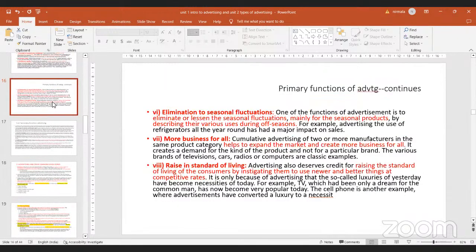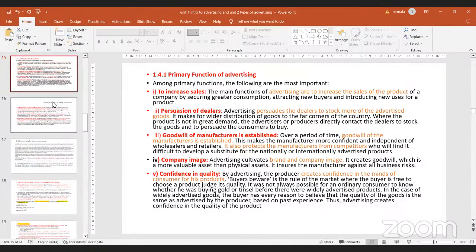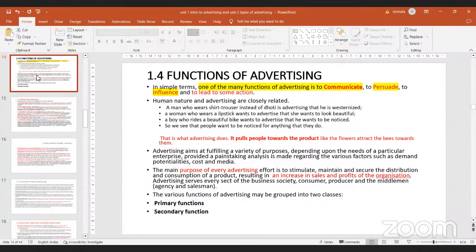And this advertisement informs the target group or the consumers. We are speaking about a product. It has 4 P's: price, promotion, product, and place. A product is launched to satisfy certain needs of the consumers.